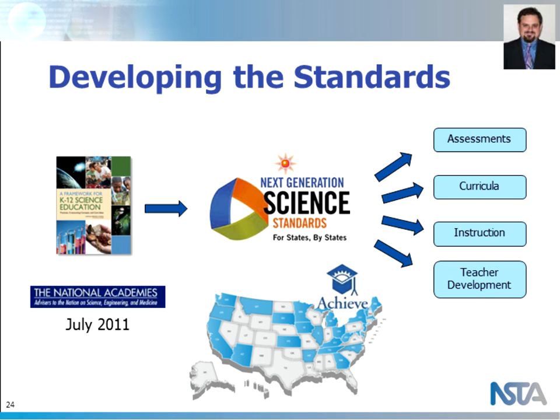And then the standards themselves, which are being worked on by a group of states under the coordination of Achieve. And it's from these standards that we will be seeing assessments being developed, curricula being developed, plans for instruction being focused and produced, and teacher professional development focused on as well.